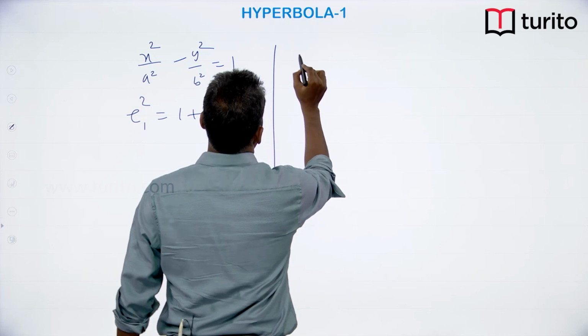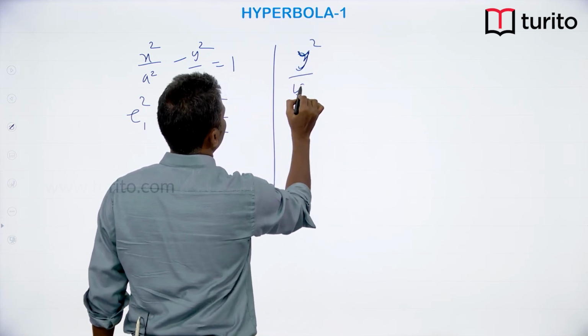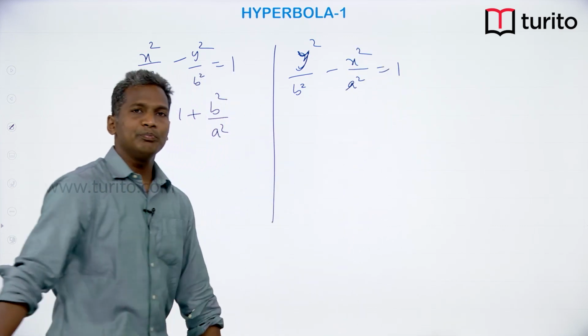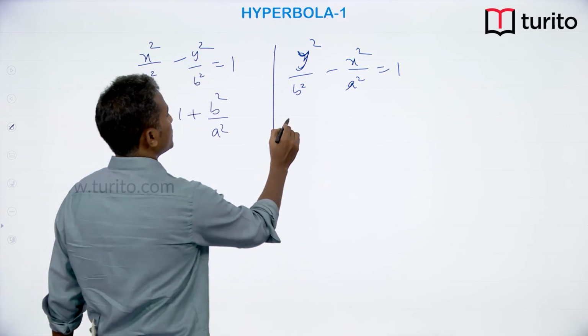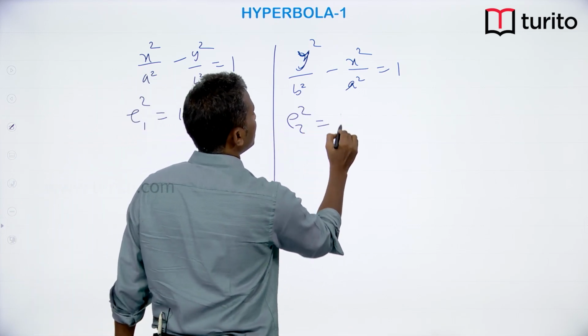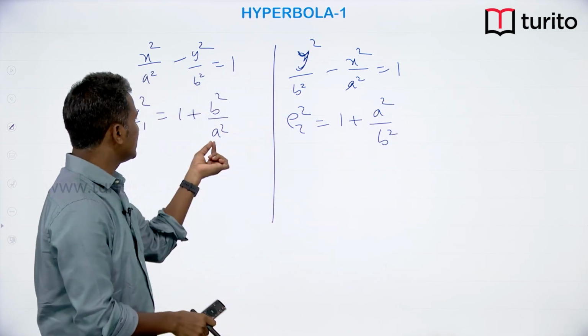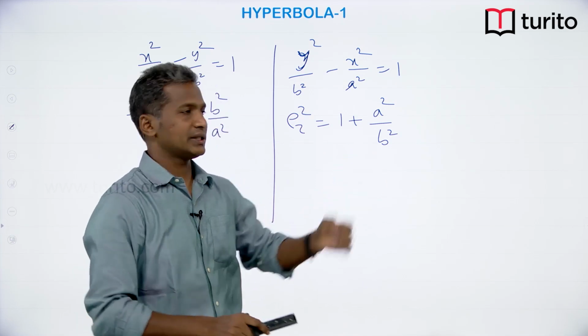Now, on the other hand, when we take this y square by b square minus x square by a square equal to 1, b represents the transverse, a represents the conjugate. So, here E2 square will be 1 plus a square by b square. So, whatever is in the denominator must be representing the transverse axis.